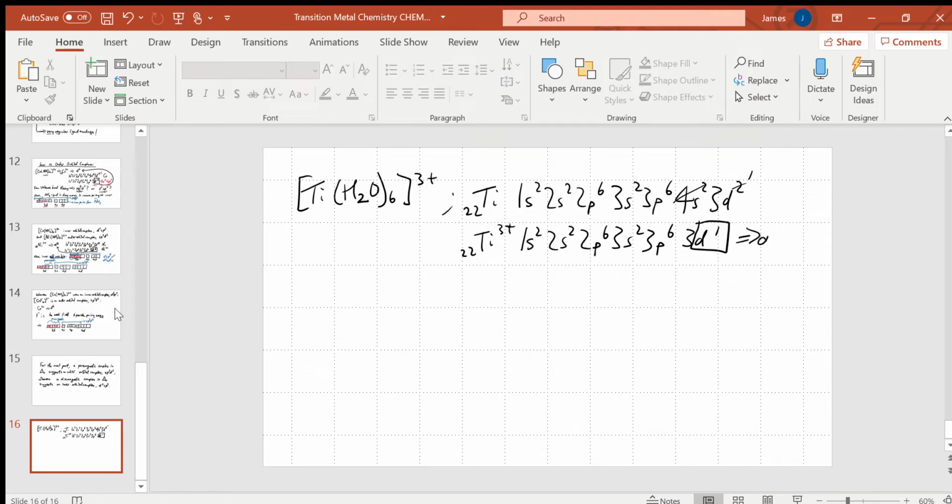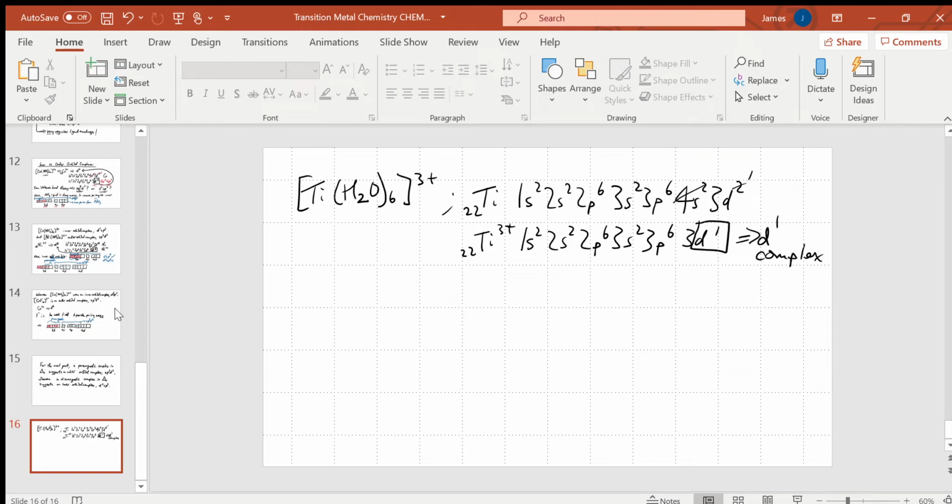So we have a d1 complex, and this is why this ion is used very frequently, because it's a simple complex with just one electron to worry about.